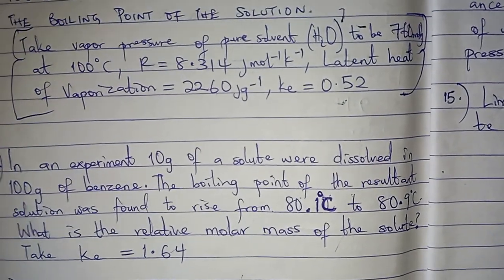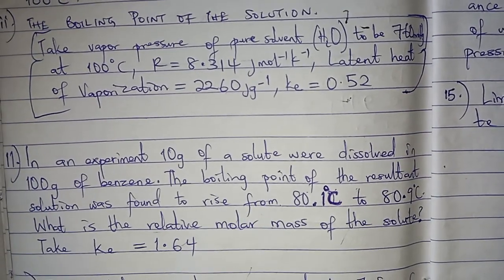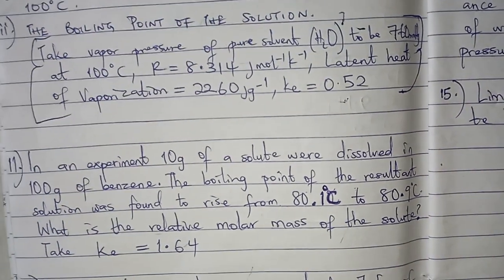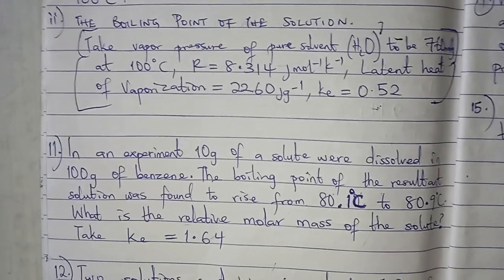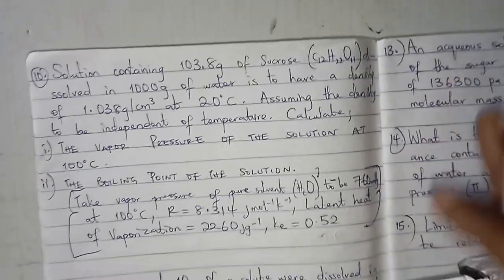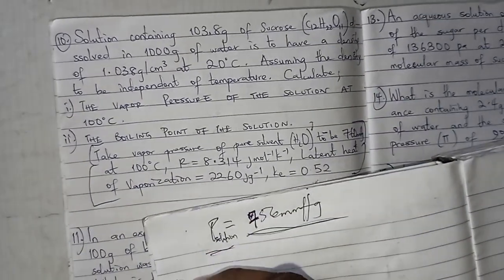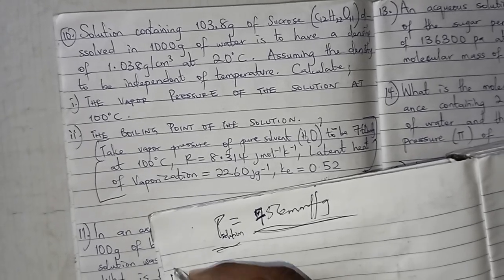And they gave us Ke of 0.52. Assuming they did not give us, we can still find it using what we have here. So remember that Ke, they said find the boiling point of the solution.